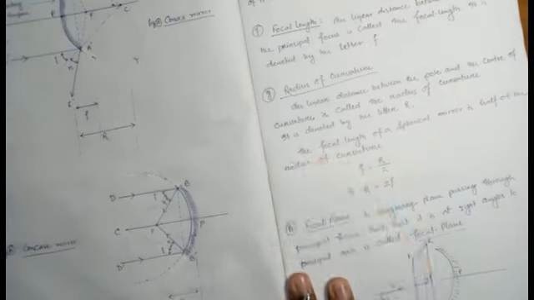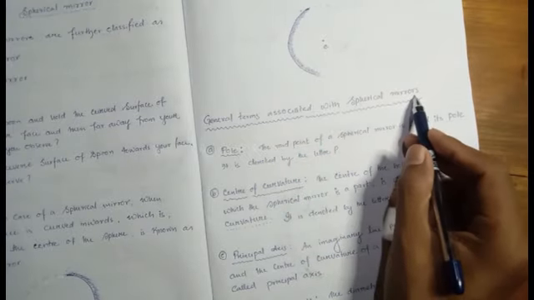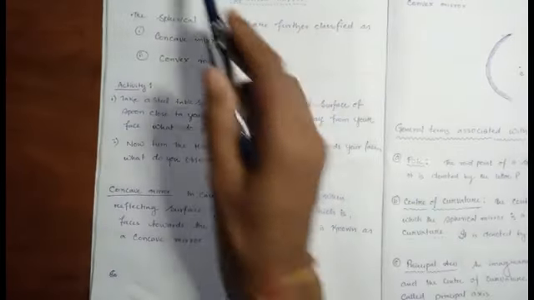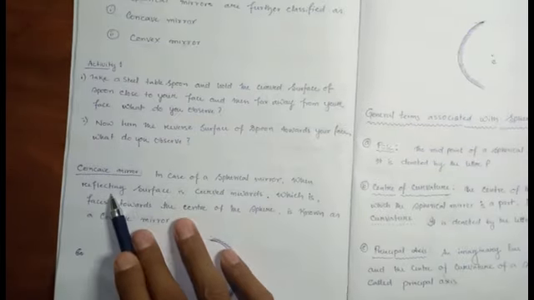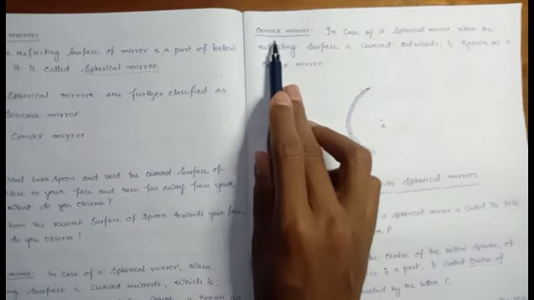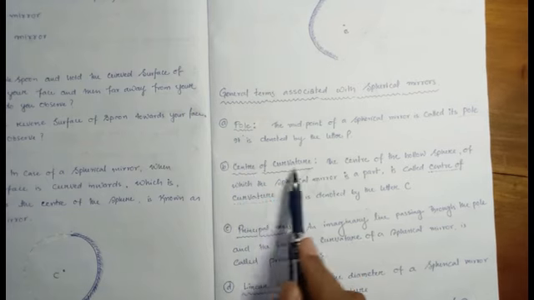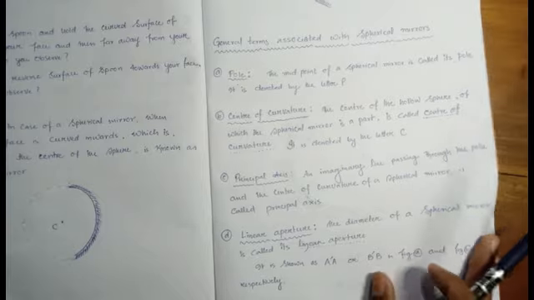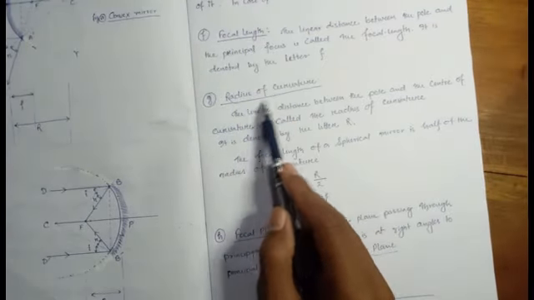So these are the terms which are used in the study of spherical mirrors. Okay, so we have learned about the spherical mirror, concave mirror, convex mirror, the definition of concave mirror, definition of convex mirrors, the different terms that are pole, center of curvature, principal axis, linear aperture, then principal focus, focal length, and radius of curvature.